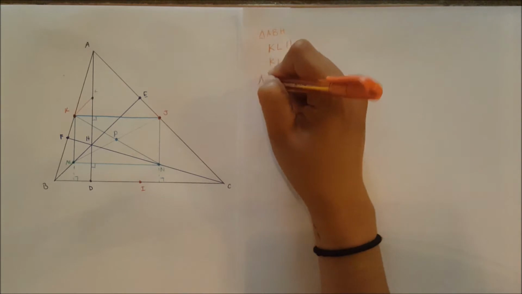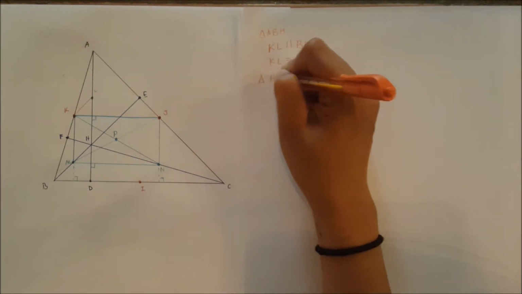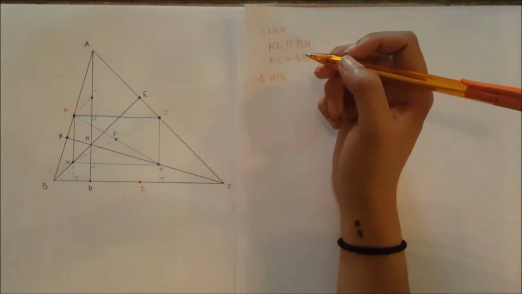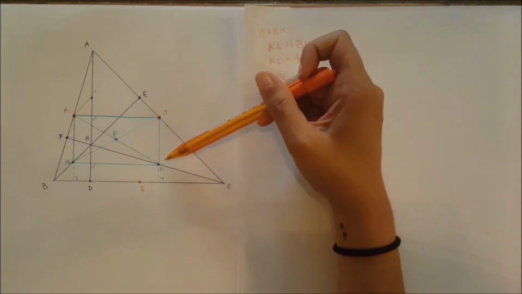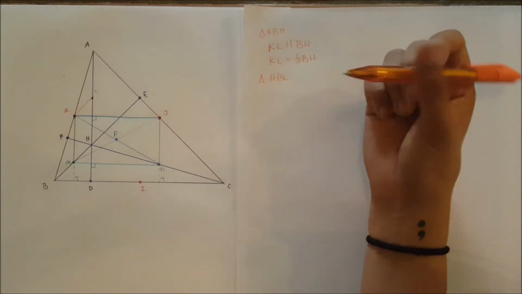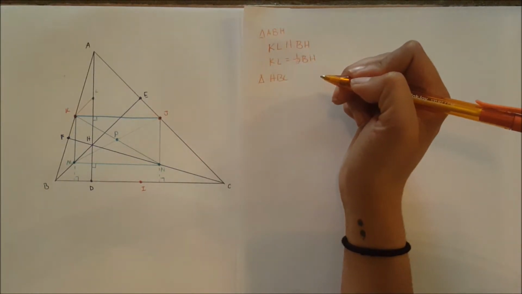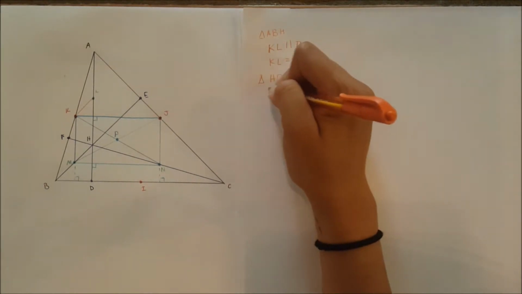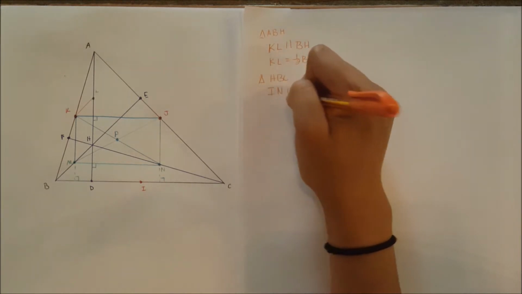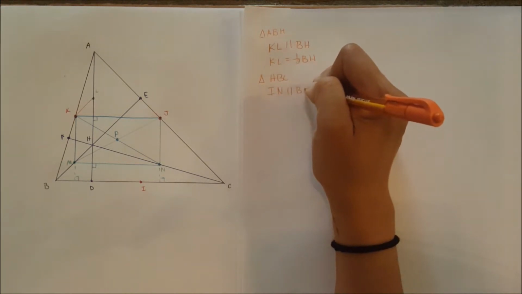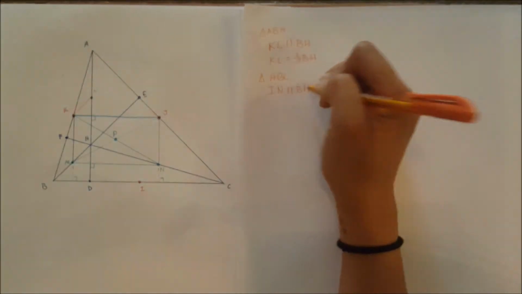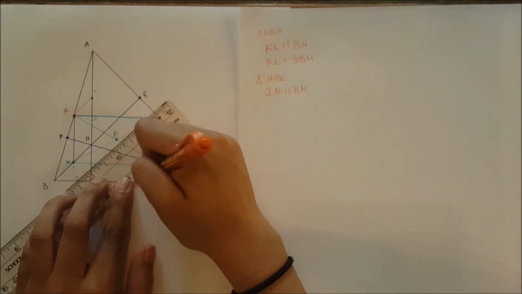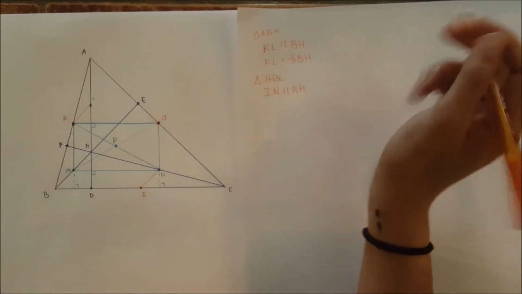So looking at another triangle, HBC, we see that N is the midpoint of HC, and I is the midpoint of BC. So we have IN is parallel to BH, because when we connect these two to make a line segment, it is the midline of triangle HBC.